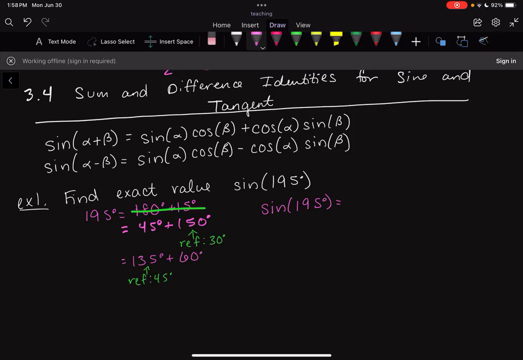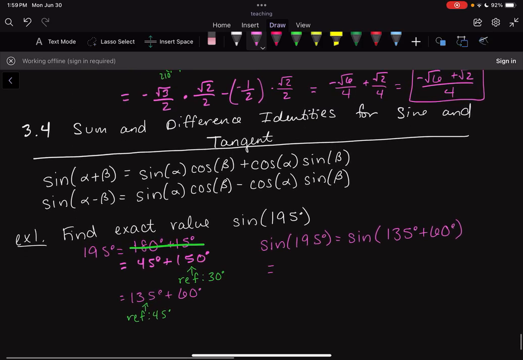So I'm just going to pick, let's do 135 and 60. So I'm saying sine of 195 is equal to sine of 135 plus 60, making sure I keep that in parentheses together.